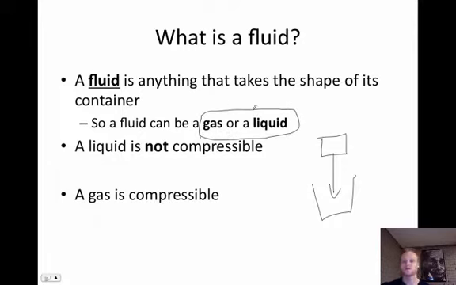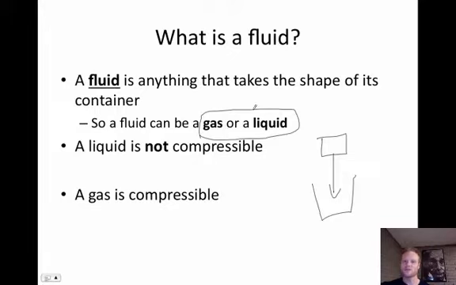Okay, so when we're talking about fluids, which is what this unit's going to be revolving around a lot, we're talking about either a gas or a liquid. And you may say to yourself, what is the difference between a gas and a liquid? Well, basically a liquid is not compressible for the most part.